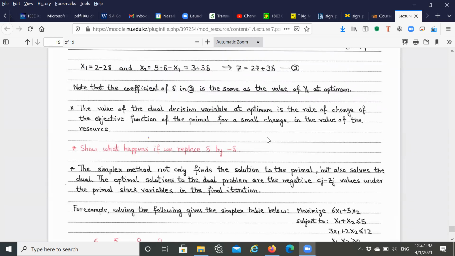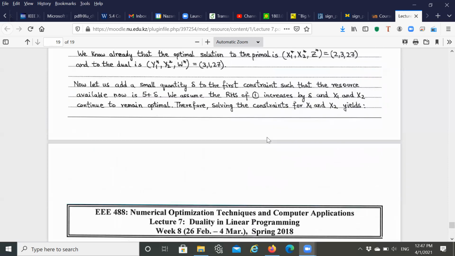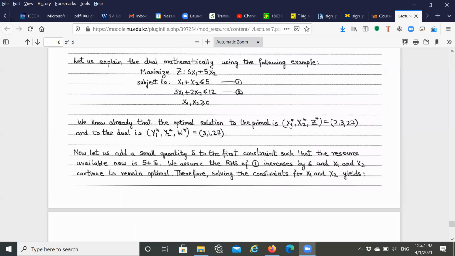This is a very good question. This holds only when x1, x2, y1, y2 are optimal. That means only when we have found the optimal solution, at the point where both these meet at the same point. Any point in between, it doesn't work. Only at the optimal solution of the primal and dual does this hold.